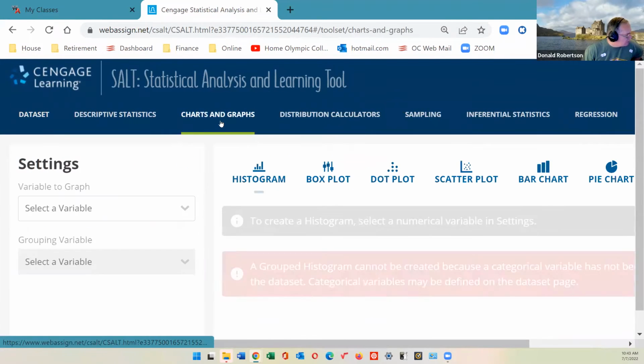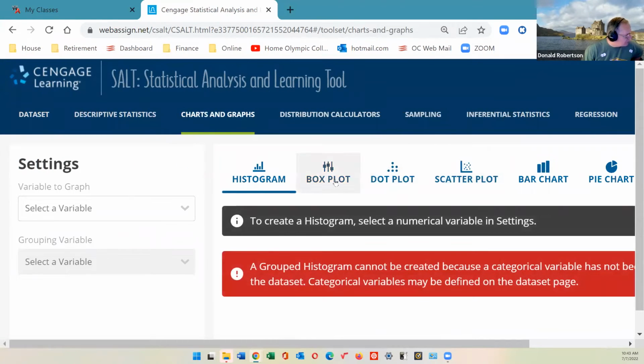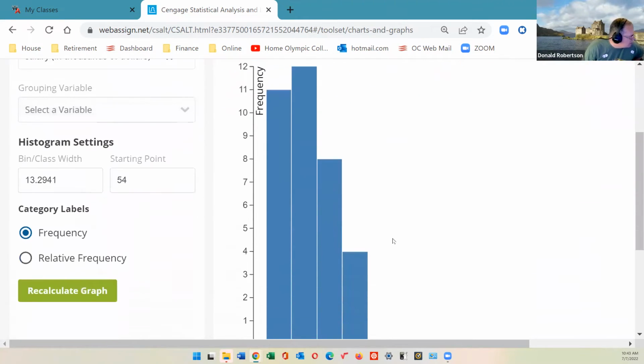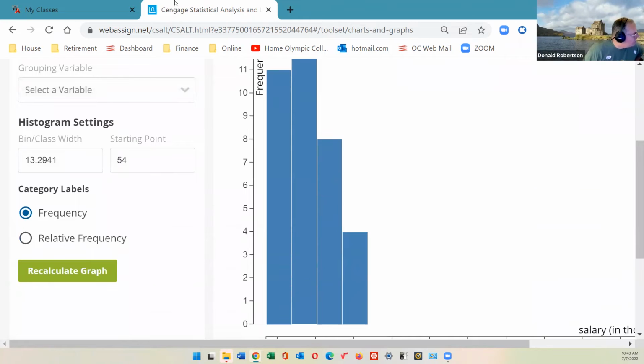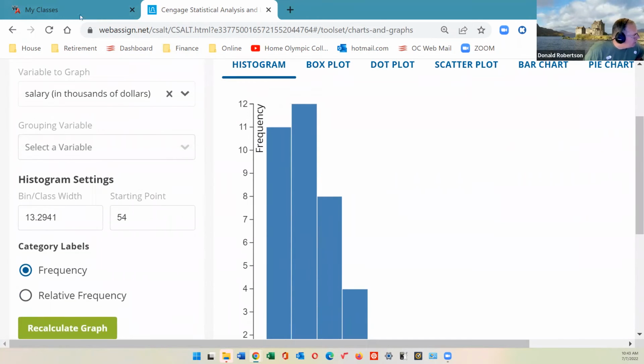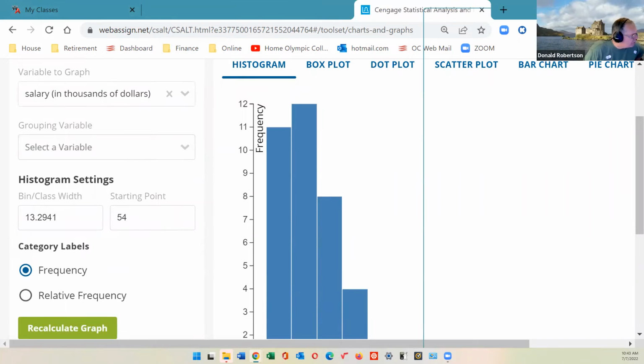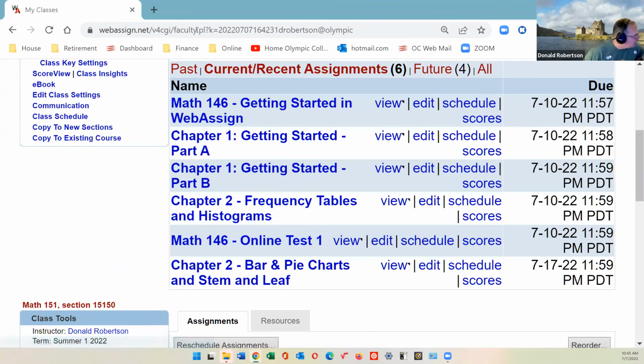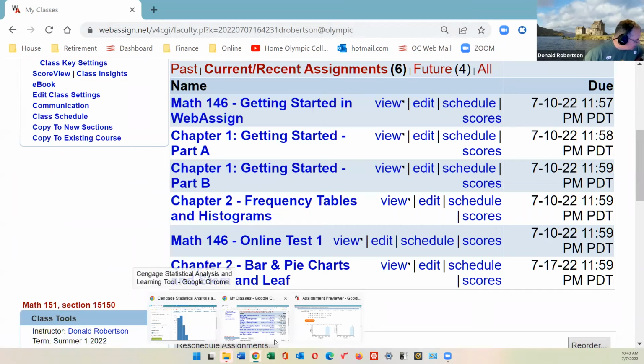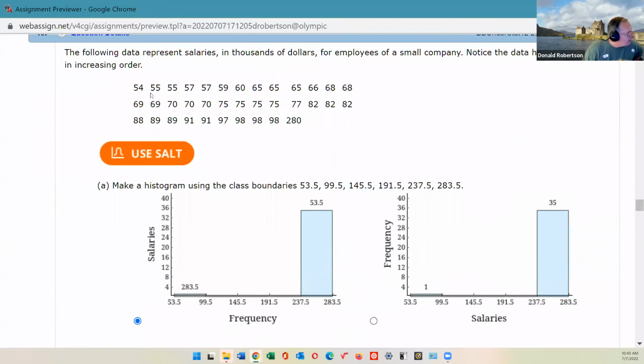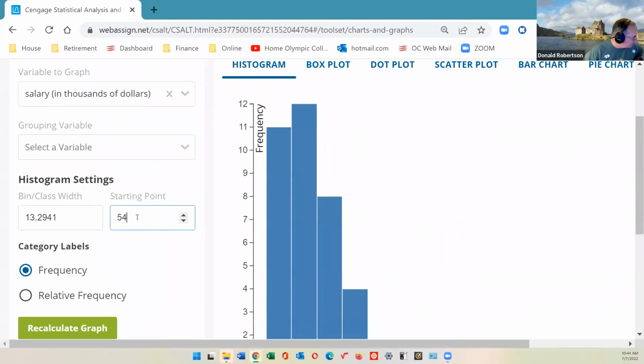Go to charts and graphs. Tell it it's a histogram. Pick the salary. And now we need to, oops. Can I get that question back? Yeah, I can. Right, it starts at 54. So that's good.